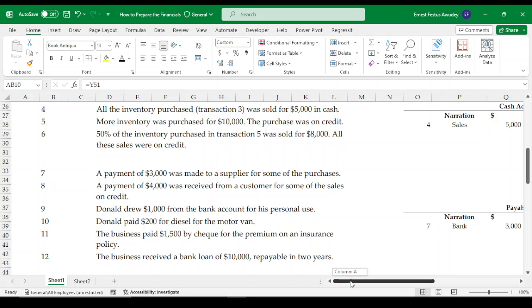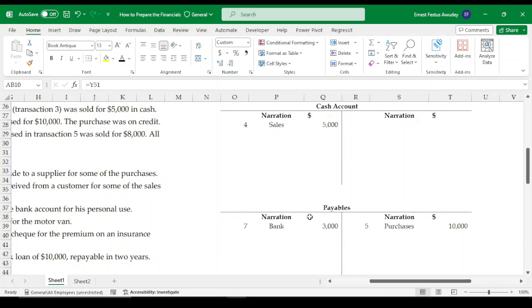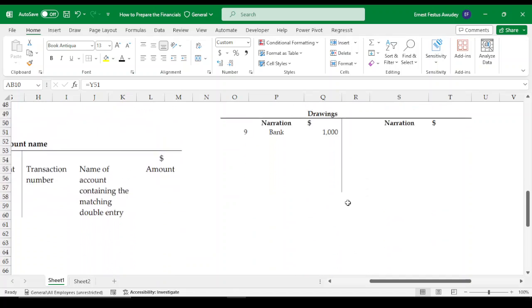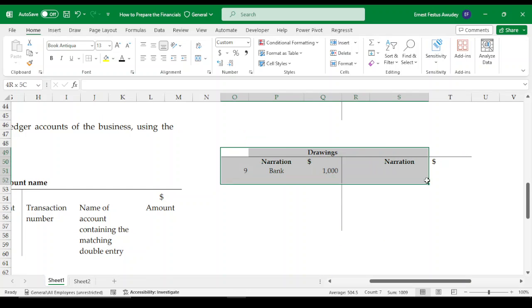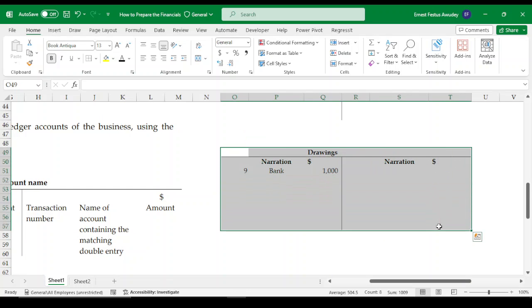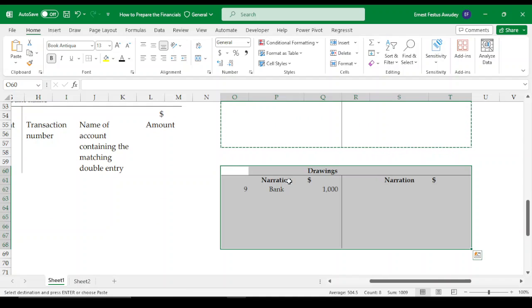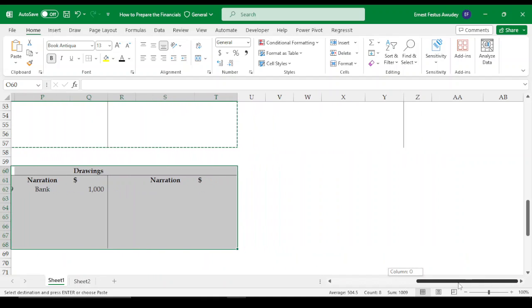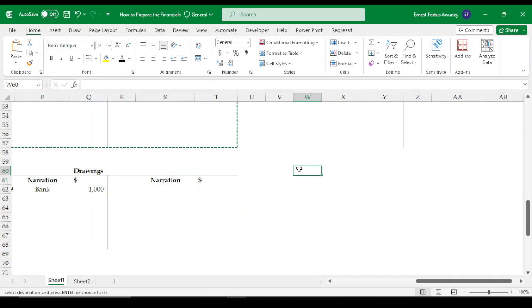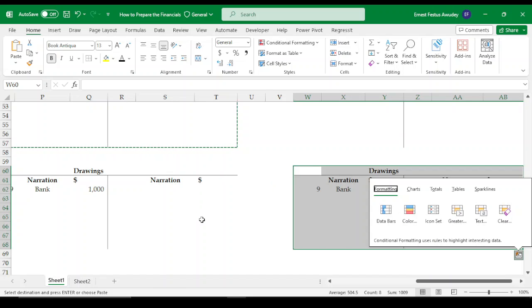All right. So quickly, I think our accounts have finished. So let me just come here and copy this, and then I can come down here and paste, and then I can also come here and paste another one here. Okay.